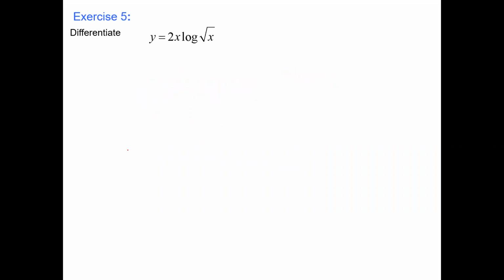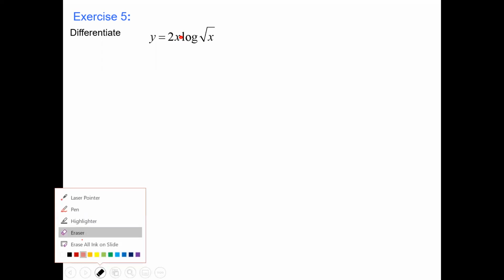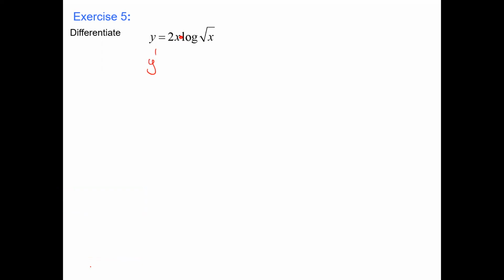Let's differentiate the next one. 2x log square root of x. We can definitely see x and x products. Yeah, please be careful with applying the product rule. Please do not forget. Oh, no, let me simplify something before. Okay, we have 2x times log of square root of x. The square root of x is, of course, x to the power of 1/2.